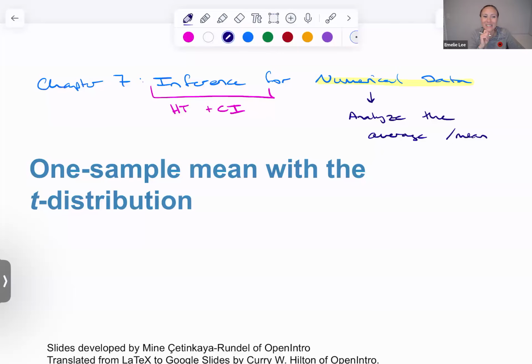Where we start in chapter 7 is with one sample mean, and we introduce a new distribution. This is our third distribution that we've seen so far, right? We've seen the Z distribution, we've seen the chi-squared distribution, and now we're going to have the T distribution.